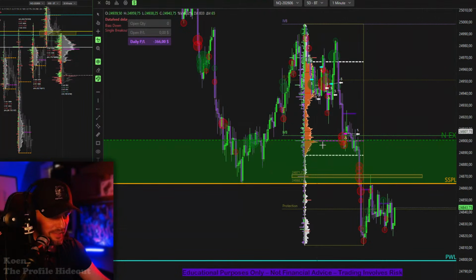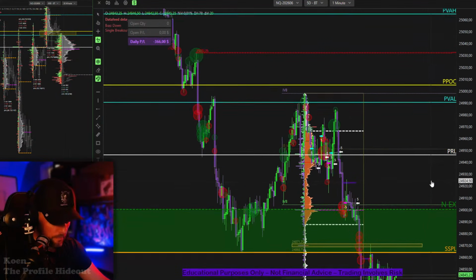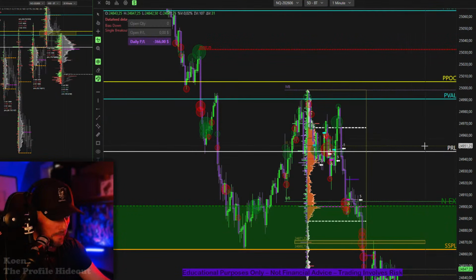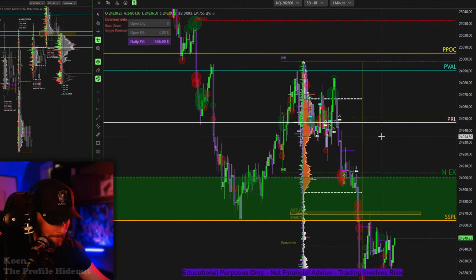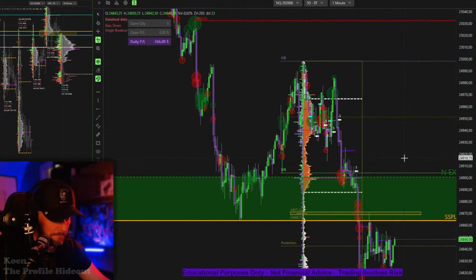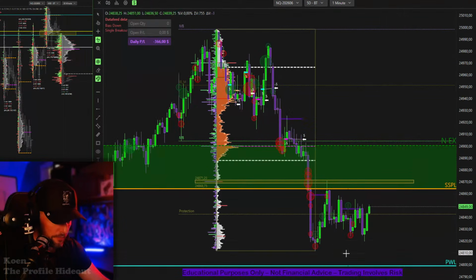At the same time, it's still at this inflection point. Rejecting private value though, and getting towards the bottom of value from last week too.